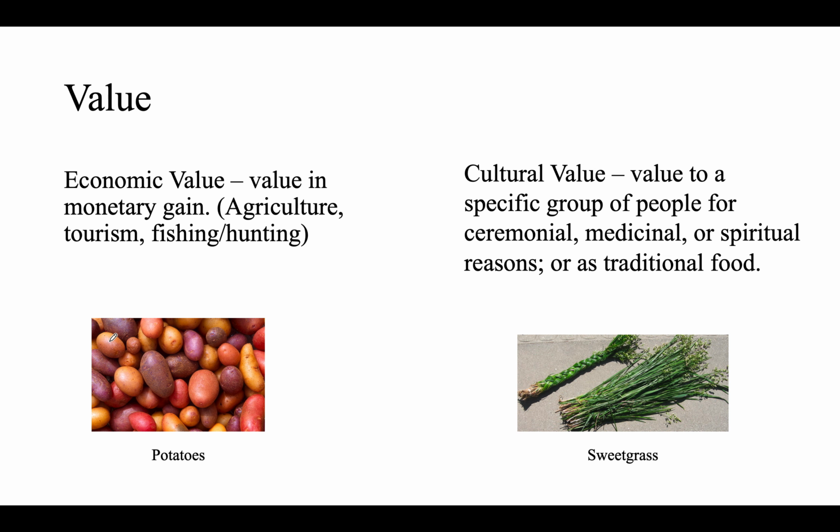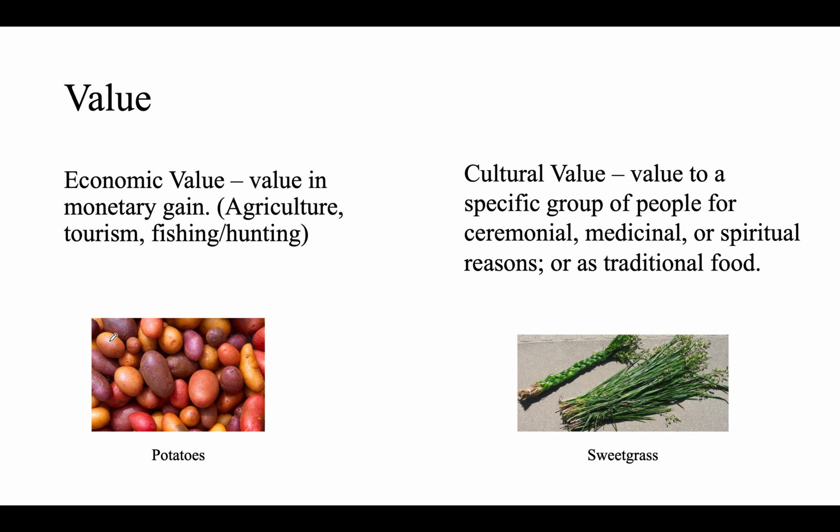So that could be a species that we grow and harvest for agricultural purposes for food. It could be a species that generates income in the tourism industry, like safaris that go and look at elephants or something like that. Or a species that is used for hunting and fishing on a more commercial level. That also includes livestock and things like that.